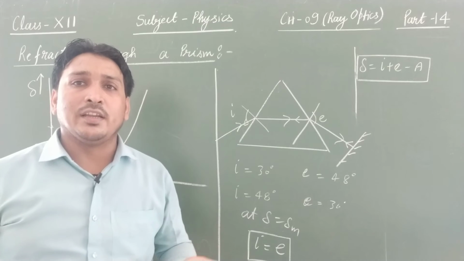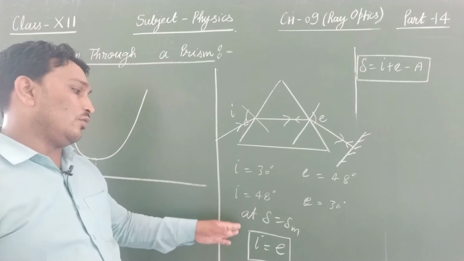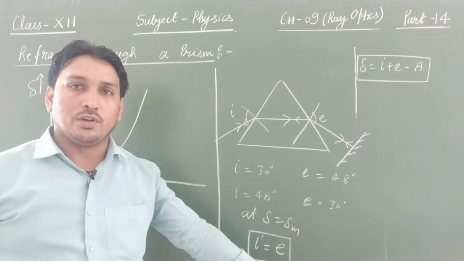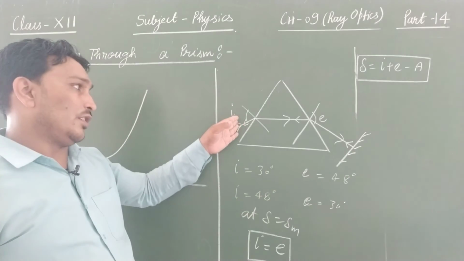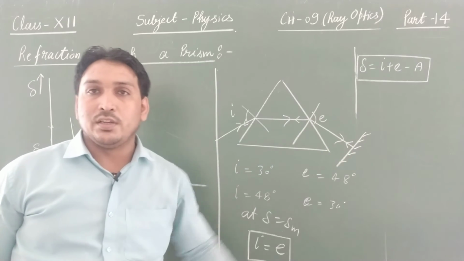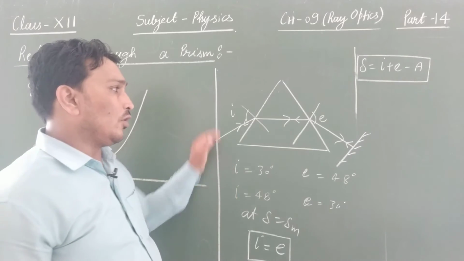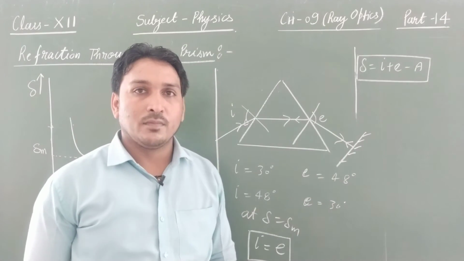Now if I and E are interchangeable, then also the effect is not there. So suppose I is equal to 42 degrees, so E is equal to 42 degrees. Whatever it is, if it is also 42, then it does not matter which angle is the angle of incidence and which is the angle of emergence, because the ray of light is going like that only. Is it clear?